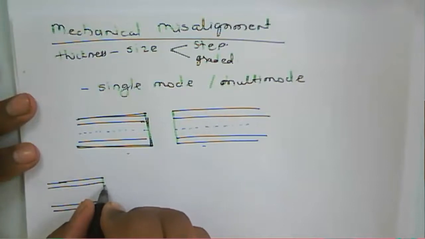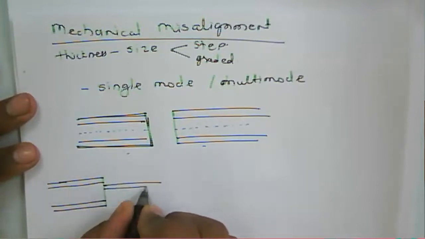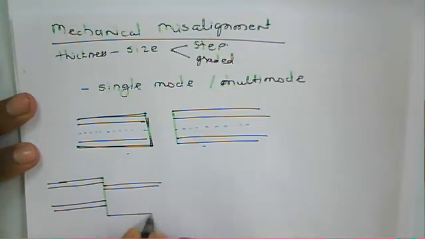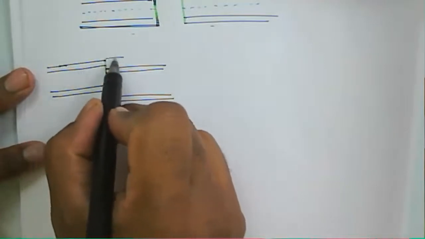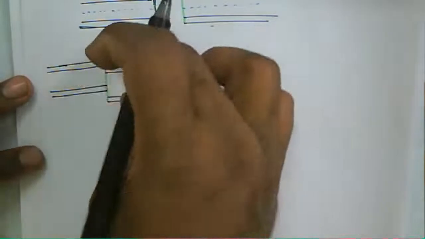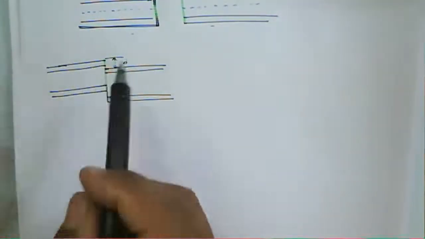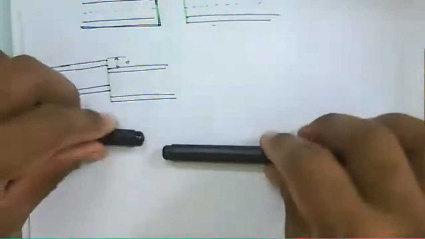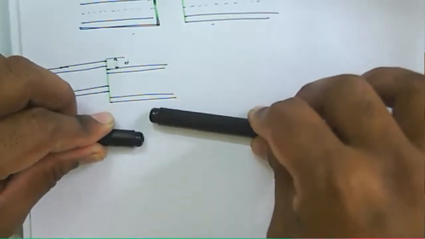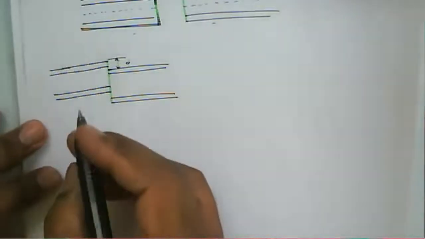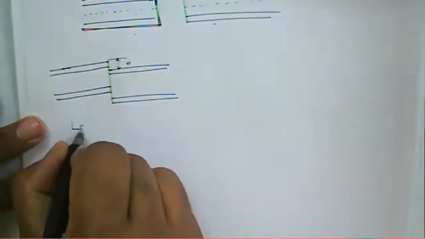Here one fiber is connecting to another fiber. This one is called a lateral misalignment because there is a separation of a T factor. The two fibers are not the same, likewise there is a small gap. So that is a lateral misalignment here. The axis is not matched.